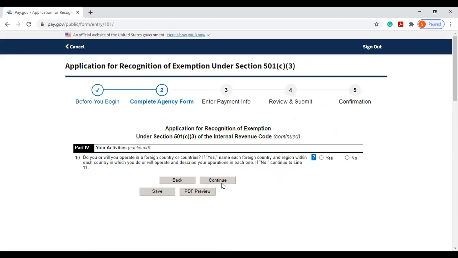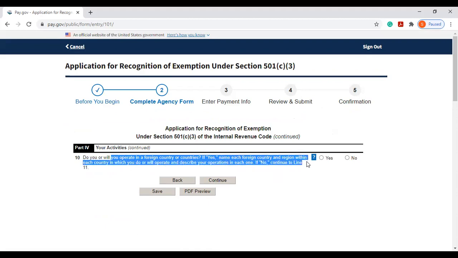Guess what? You're not done. Part 4, your activities continue. Question 10. Do you or will you operate in a foreign country or countries? If yes, name each foreign country and region within each country in which you do or will operate and describe your operations in each one.